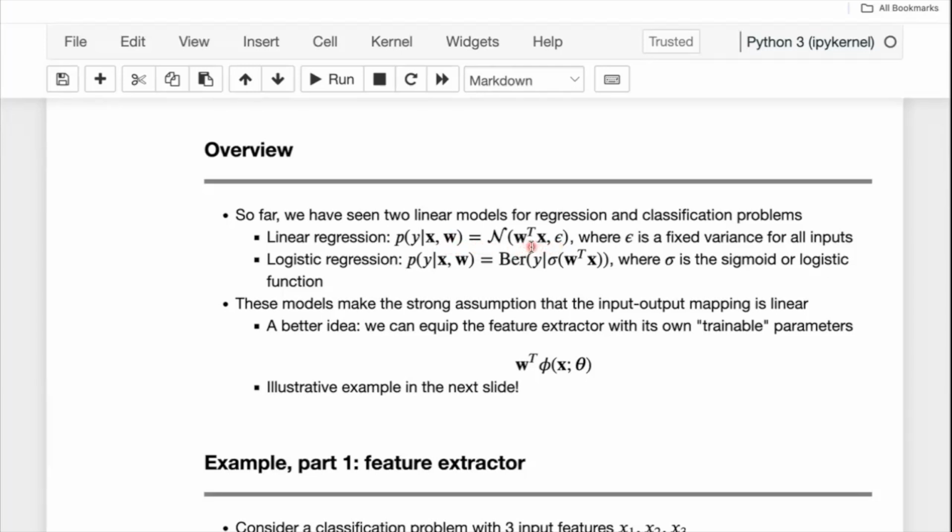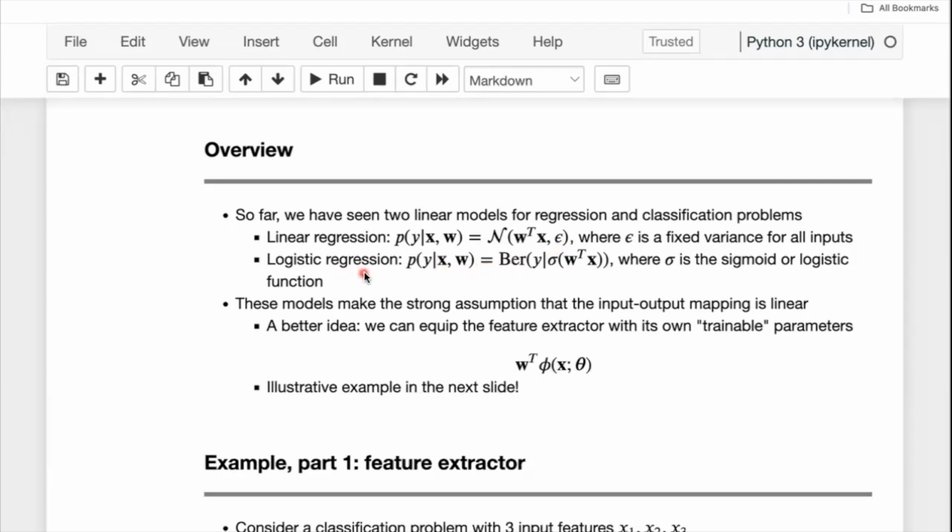Here the mean is the dot product or inner product between the input feature vector x and the weight vector w. And the noise has a fixed and known variance, which we assume here is epsilon.